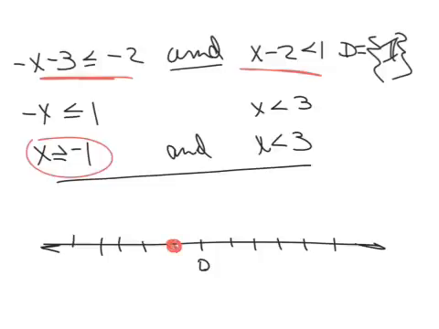Solid circle to show that it can also be equal, and it's going to be all the integers bigger than negative 1. So again, I'm making circles there on the integers because integers do not include fractions. The next part of it is x is less than 3. So this is an open circle, and we have 2, 1, 0, and we go this way.